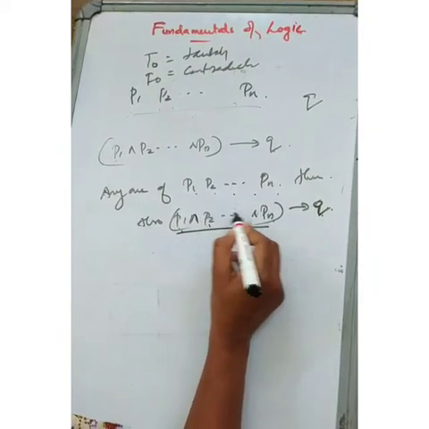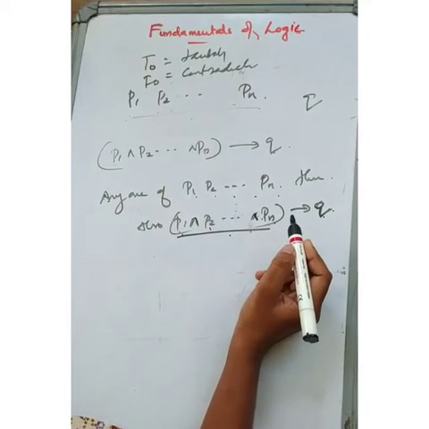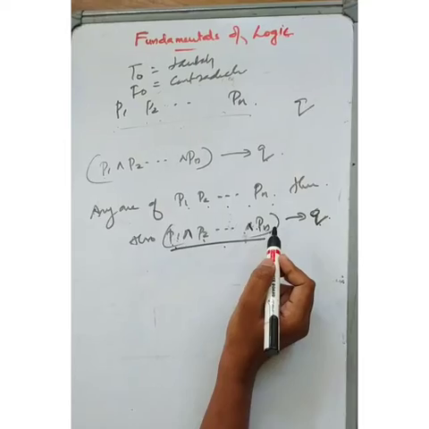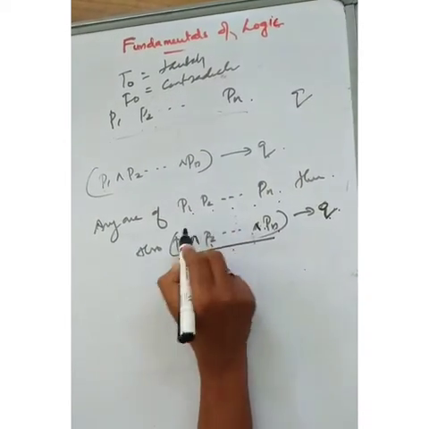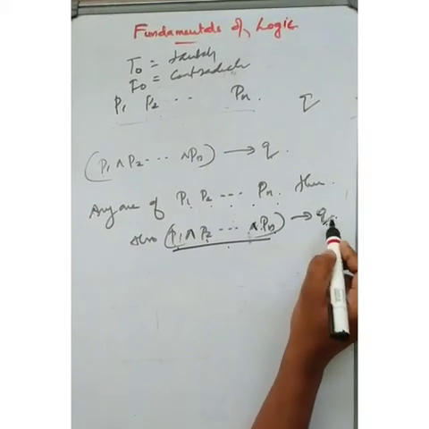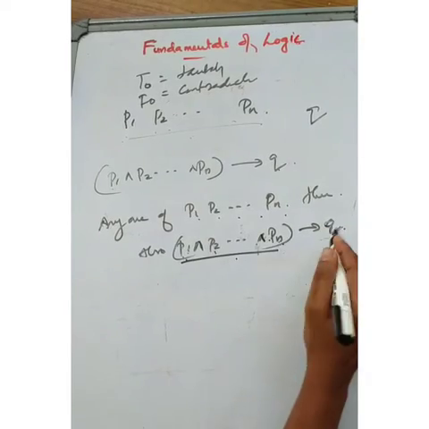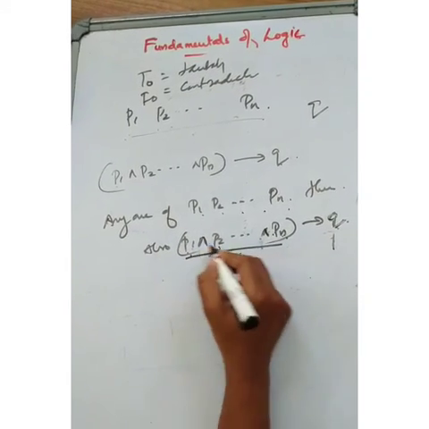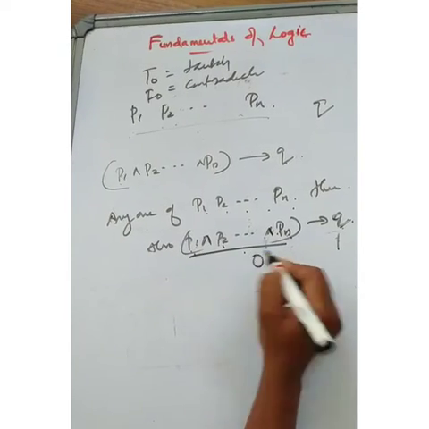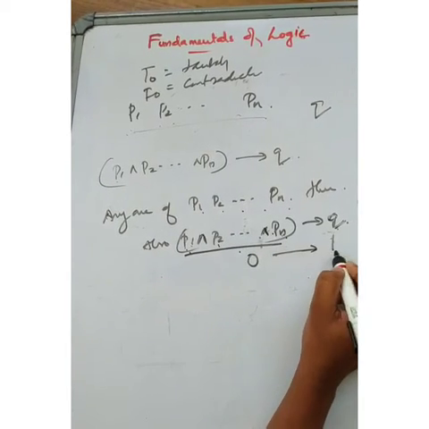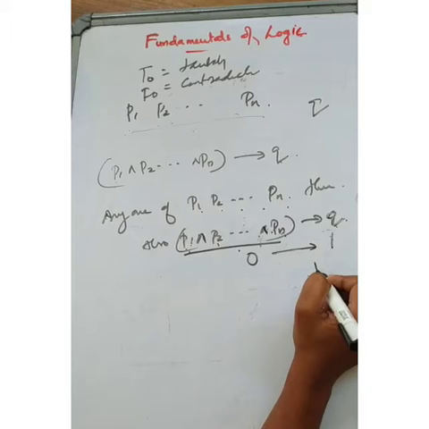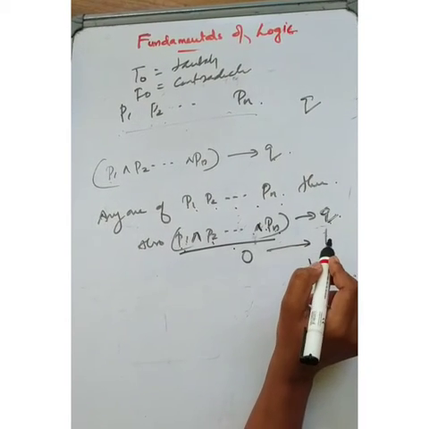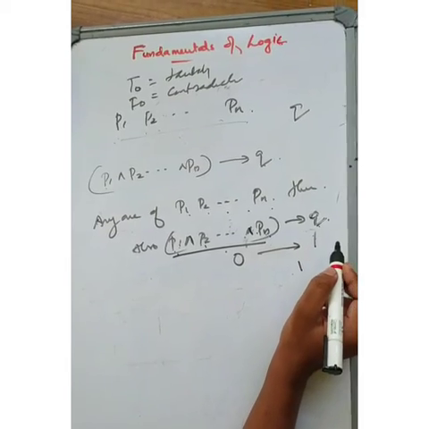If any one of P1, P2, etc., Pn is false, then no matter, because if Q is true, the conjunction gives us 0, and 0 implies 1 is always 1. So that doesn't matter. If Q is true, then the implication is true.